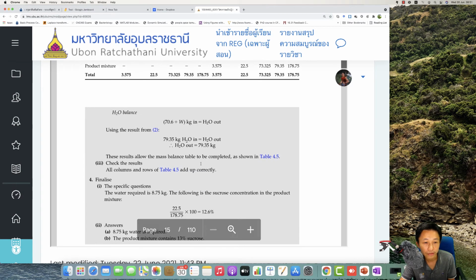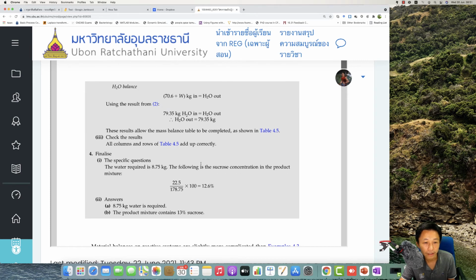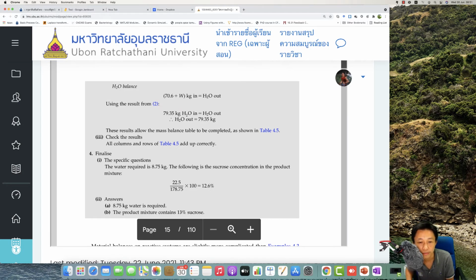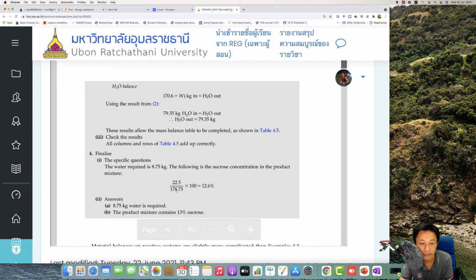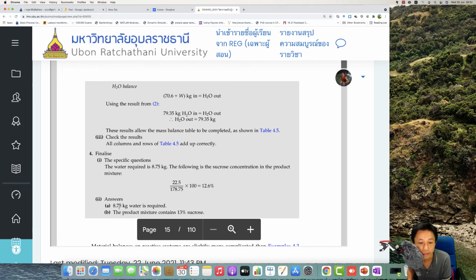Finalize: the product contains around 13% of sucrose. So this is the sucrose outlet, and this is the outlet of all the streams. The first answer is 8.75 kilograms of water is required, and the mixture contains 13% of sucrose.